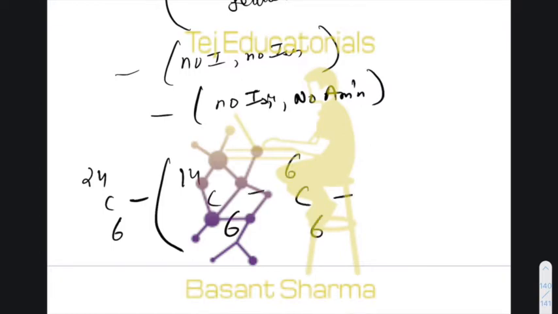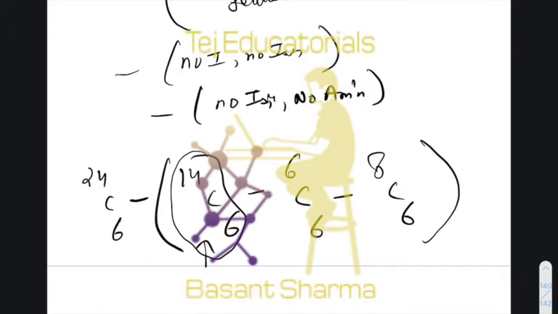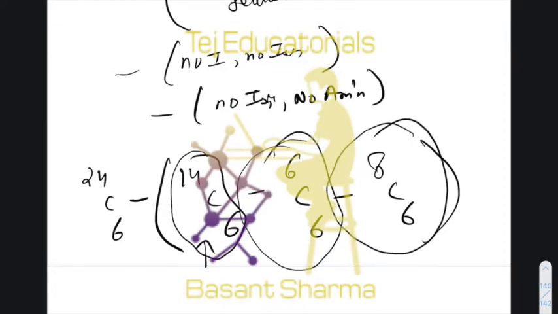You remove the Indians, so you have 8 Americans and 6 Israelis left. So 14C6 is the number of ways you can choose 6 people from 14 people, such that no Indian is selected. But out of these 14C6, there will be ways in which all Israelis are selected, so you subtract those. Okay, and then there will be ways in which all Americans are selected, so you subtract those.